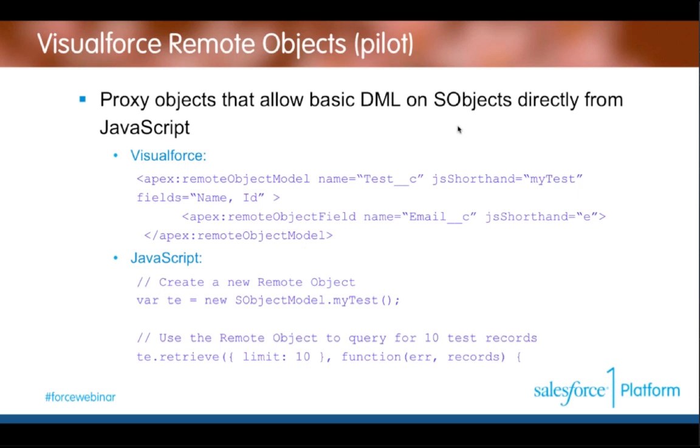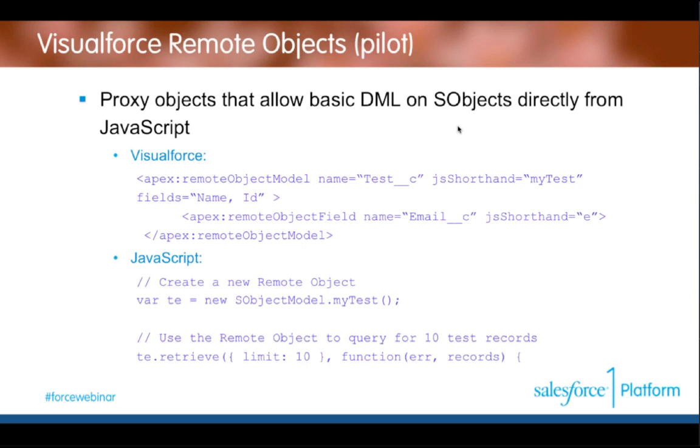There's a nice attribute there called shorthand, which allows us to rename that object when we're accessing it in JavaScript so that we don't have to continually type in __c, or maybe even remove some namespaces if we have that in our org. You also have the option on the model definition tag to list out the fields that you want available in that object.